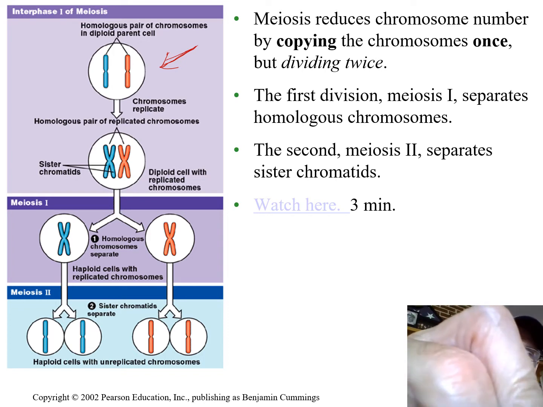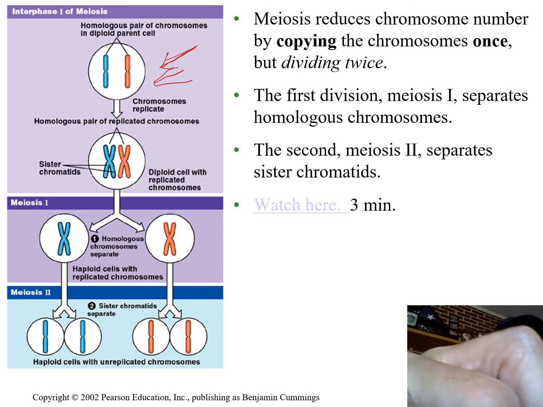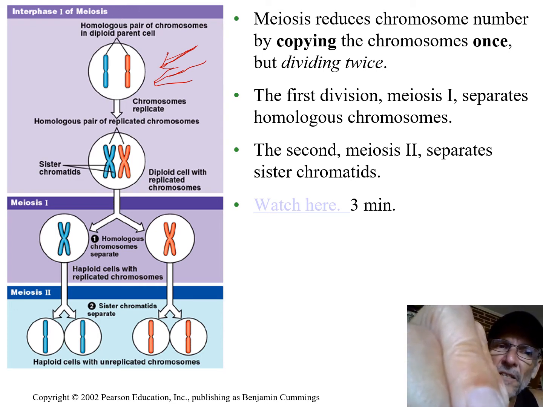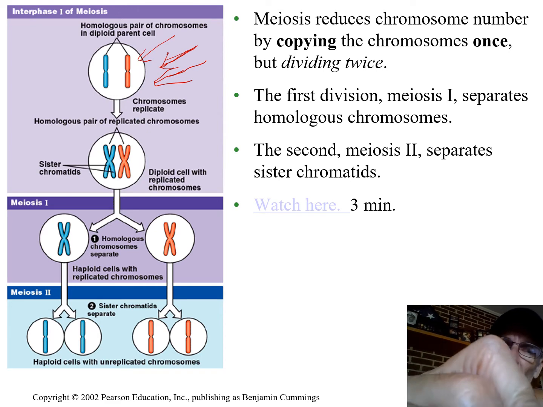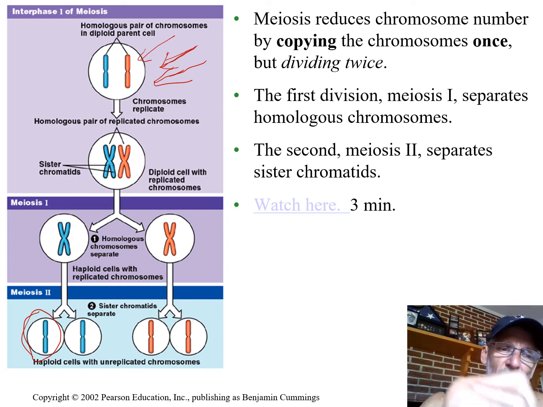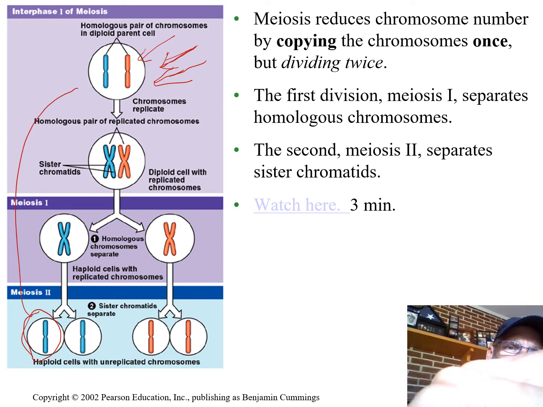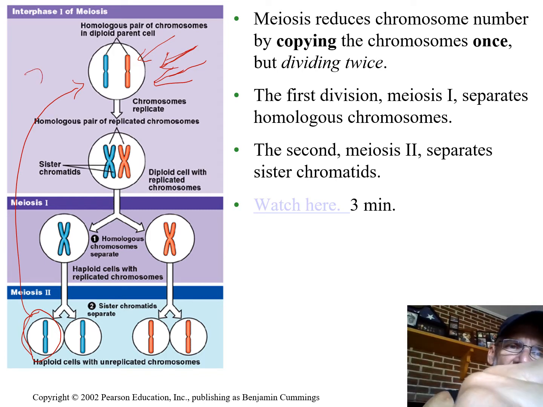So how many sets of chromosomes are in this cell? 2. What's the definition of a set? One of each kind. This cell has 2 of that kind. This cell down here has just 1 of each kind of what this cell has 2 of. So that's why this is a diploid cell.